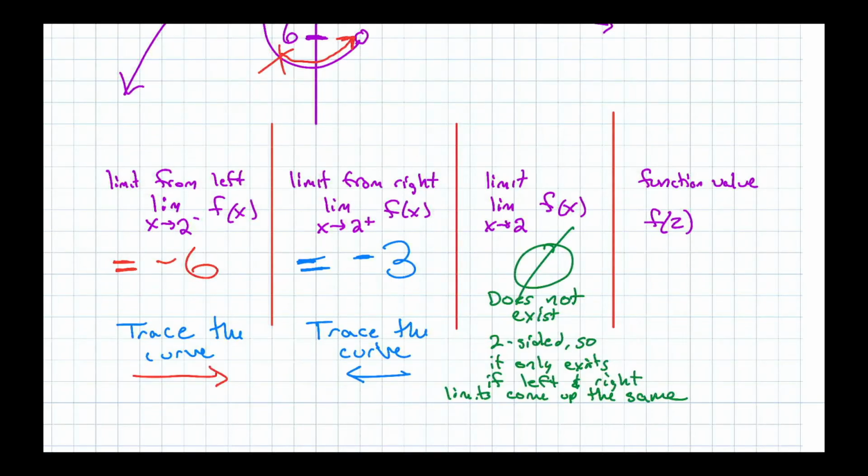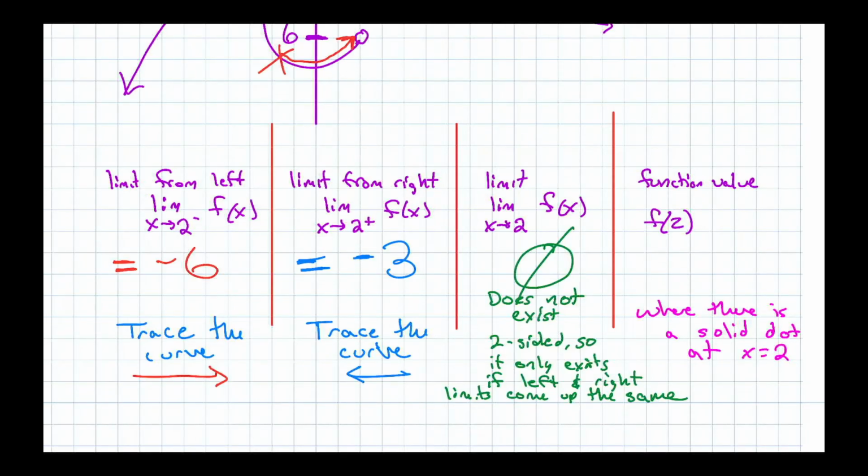So then finally we get to the function value, and the function value, that would be where the solid dot is. So this would be where it is if it exists. So where there is a solid dot at x equals 2.